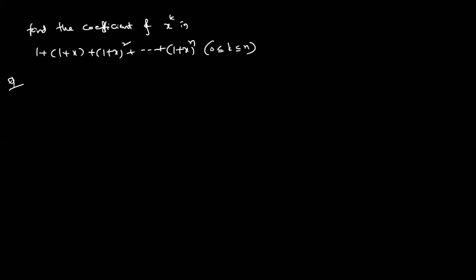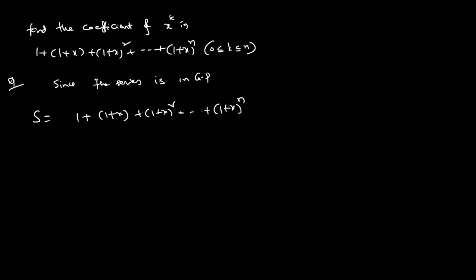So how to find this one, dear students? See, if you observe this expression, it is like a series, but these terms are in GP. Since the series is in GP, consider this as S. There are n plus 1 terms.